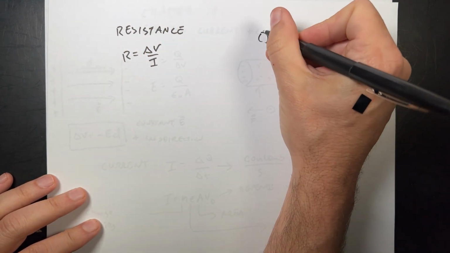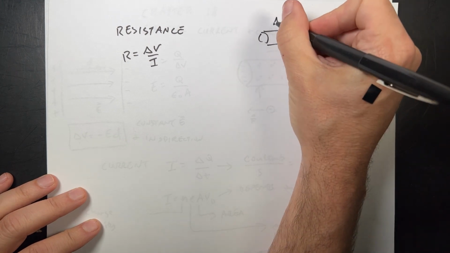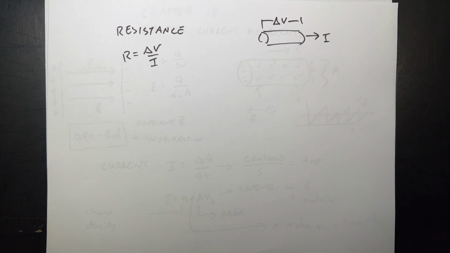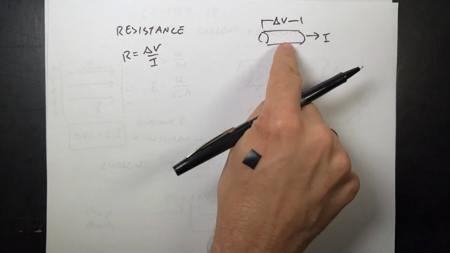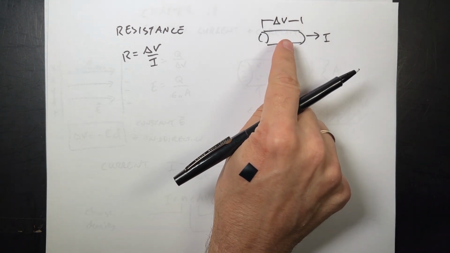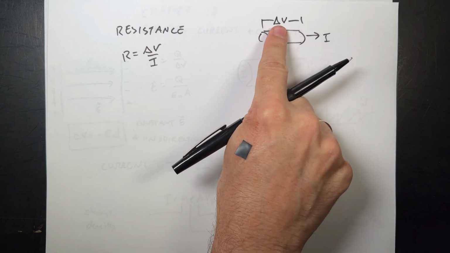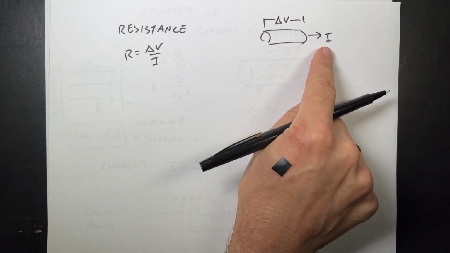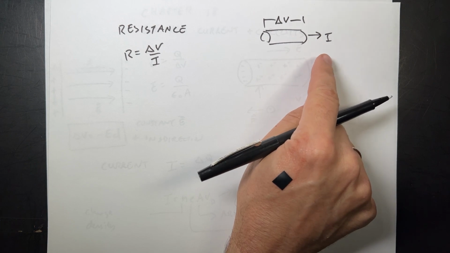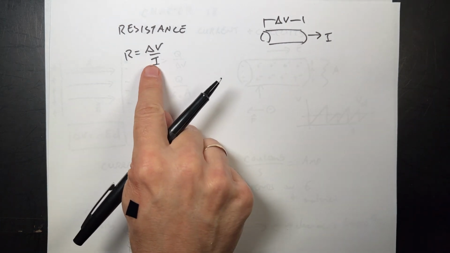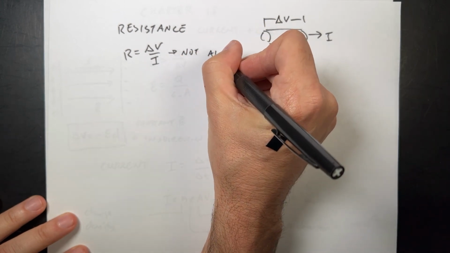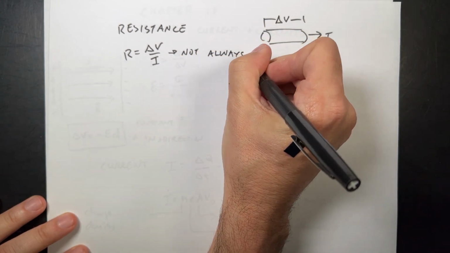So if I take a wire and I measure delta V and I measure the current I, the ratio of those will tell me something about that wire. If I have a lower resistance wire for the same delta V, I'm going to get a much higher current. And it's not always constant.